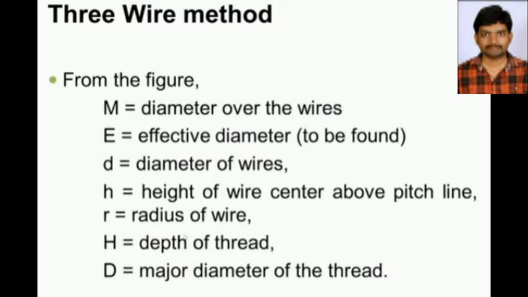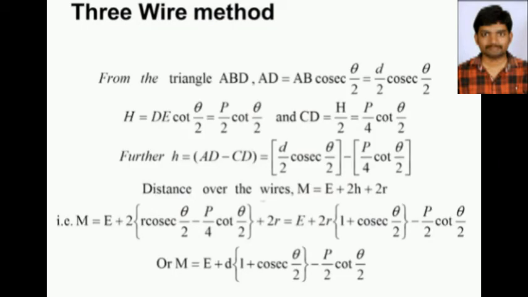Small d is the diameter of the wire, small h is the height of the wire center above the pitch line, small r is the radius of the wire, capital H is the depth of thread, and capital D is the major diameter of the thread. Okay, so now by using the geometry we can derive the relationship between effective diameter and the measurement over the roller.